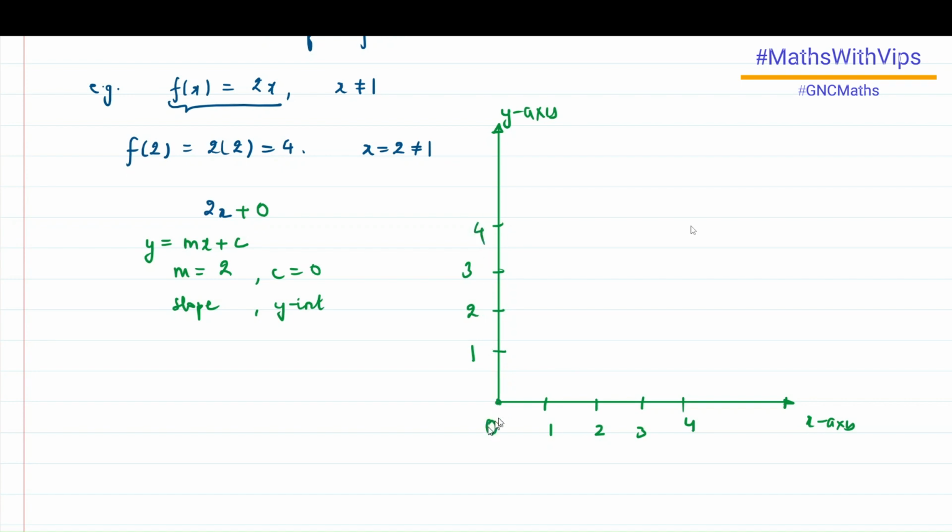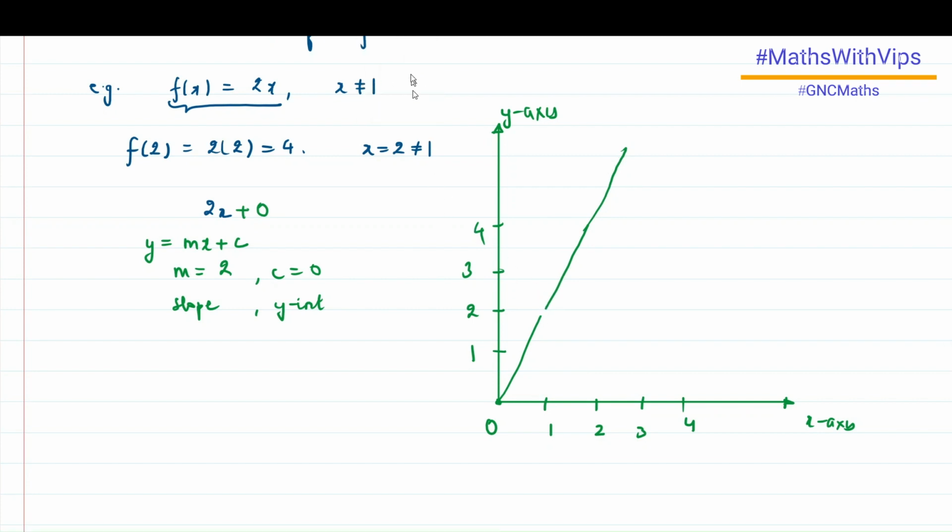Since the function graph is going to pass through the origin, it will be a straight line with an inclination of 2. That means when x is 1, the function should be 2, when x is 2, the function should be 4. Okay, so that's how the straight line is going to be.